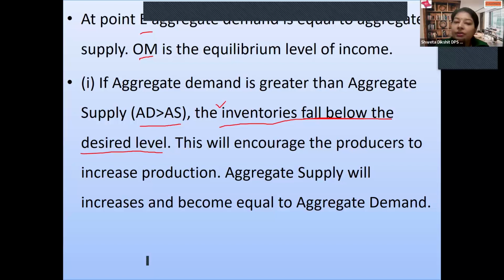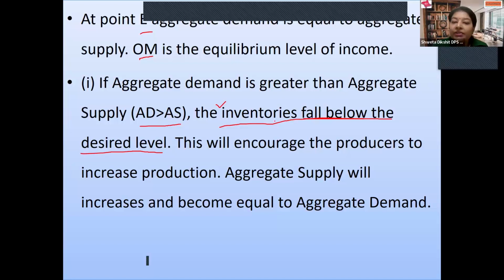If not, if you're a humanities or science student, listen to me very carefully. Inventory basically means stock, which is maintained by any producer up to a certain level, already planned, to meet the urgent needs of demand and supply.